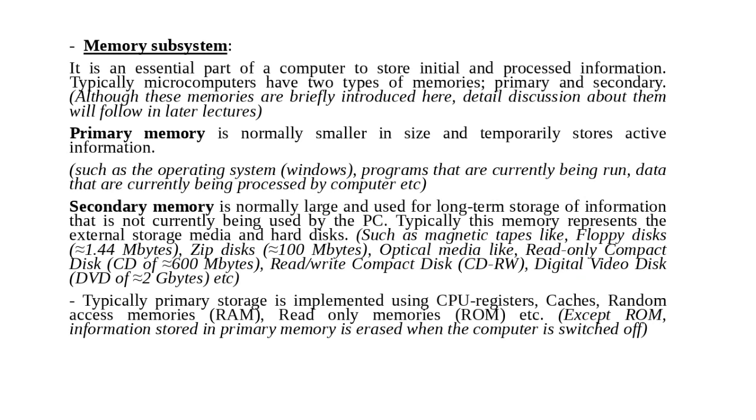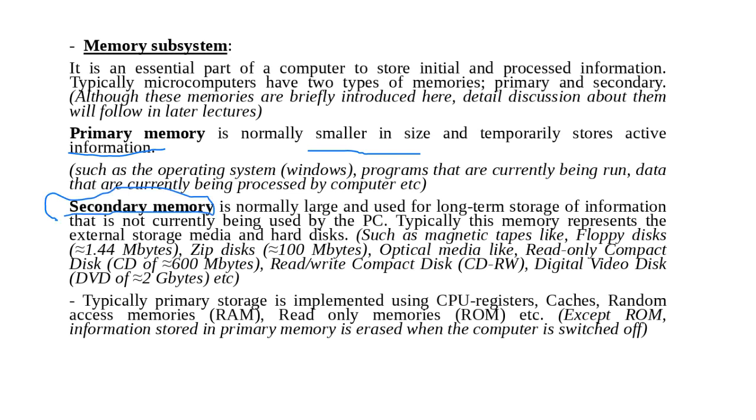And the memory subsystem: the memory unit has primary memory and secondary memory. Primary memory is normally smaller in size and temporarily stores active information, such as the operating system, like Windows, programs that are currently being run, and data that are currently being processed by the computer. These are the things in primary memory. And what is the secondary memory?